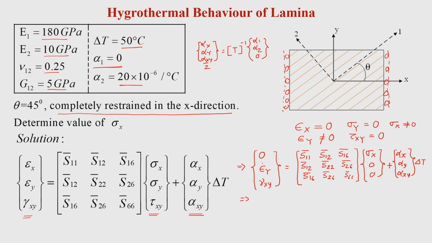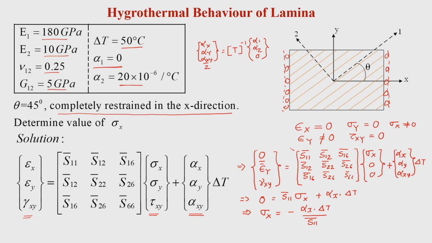Therefore, if you take the first equation, 0 is equal to S11 bar sigma x plus alpha x delta t. Therefore, sigma x is equal to minus alpha x delta t divided by S11 bar.